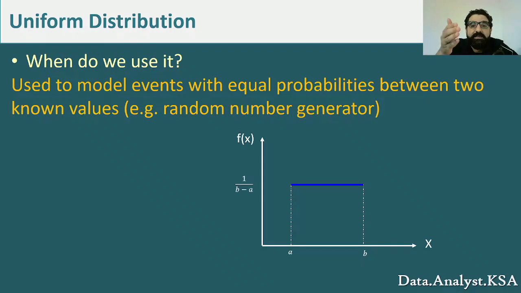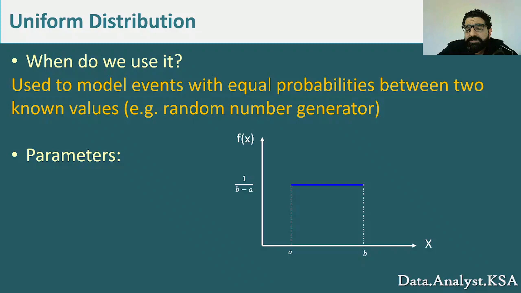Apparently, because we are normalizing the probability density function, it should integrate to 1, so that value should be 1 over beta minus alpha, or 1 over b minus a. If you actually try it out, this will integrate to 1 between a and b. So it makes it a proper probability density function.